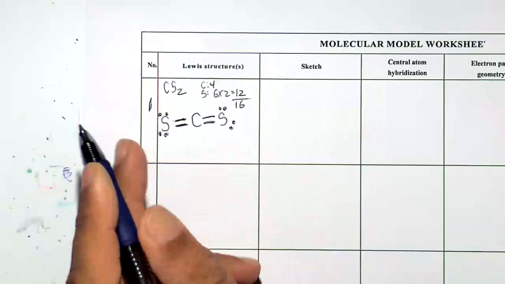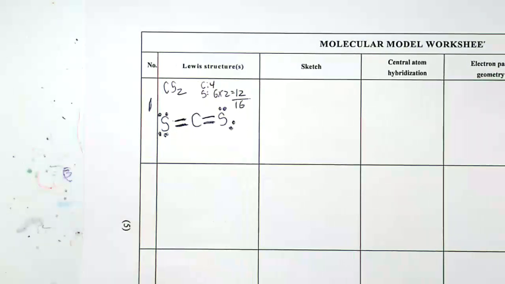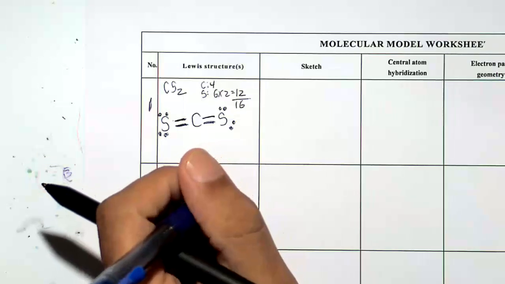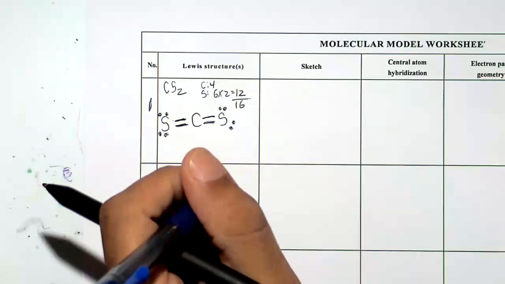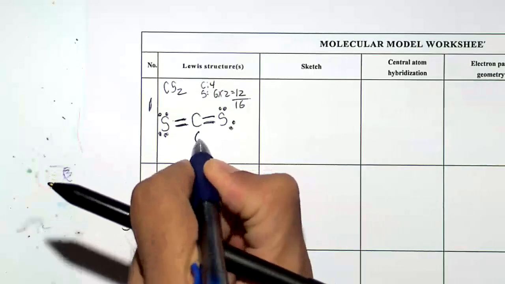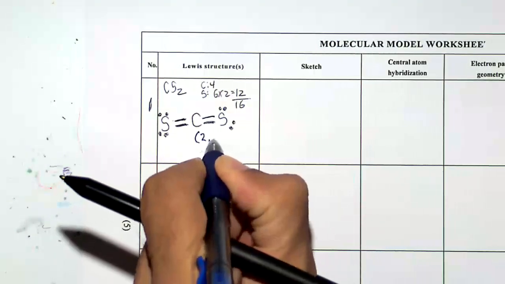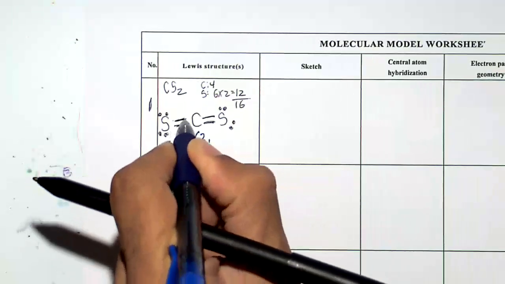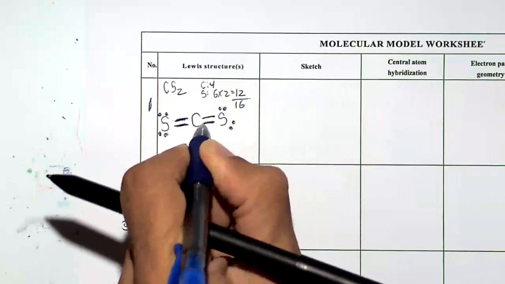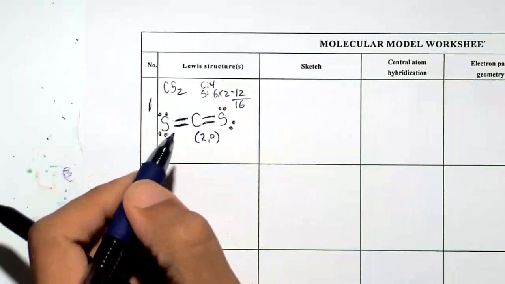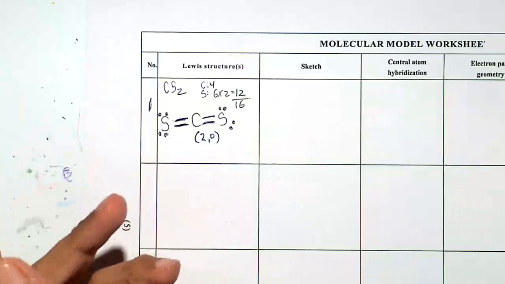So central atom. Elizabeth, this is the central atom. How many bonding and how many non-bonding? 4 bonding, 2 non-bonding. 2 bonding and how many lone pairs on the central atom? 0. So what's 2 bonding and 0 lone pairs?